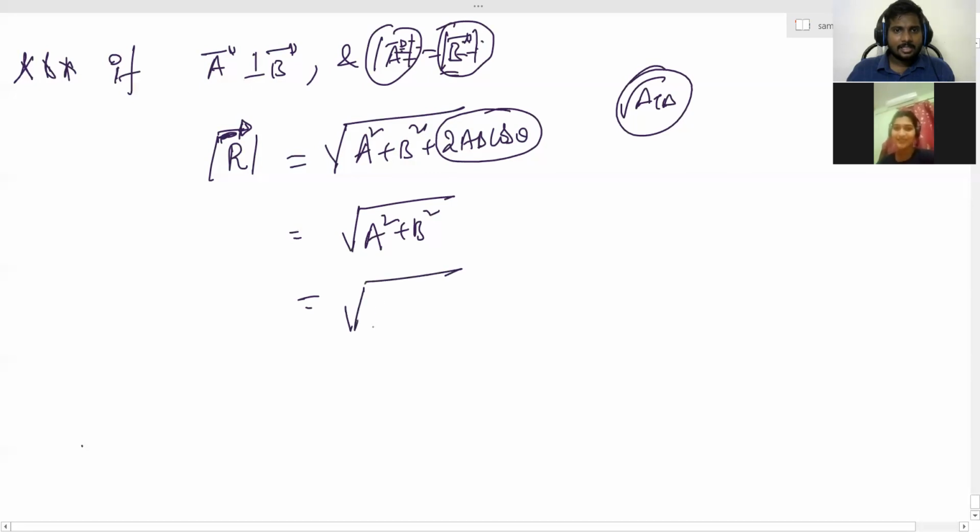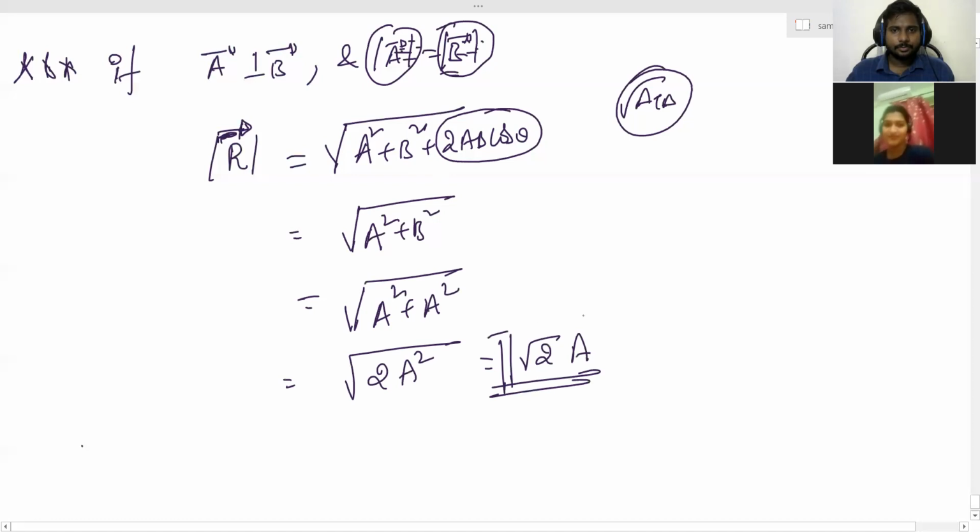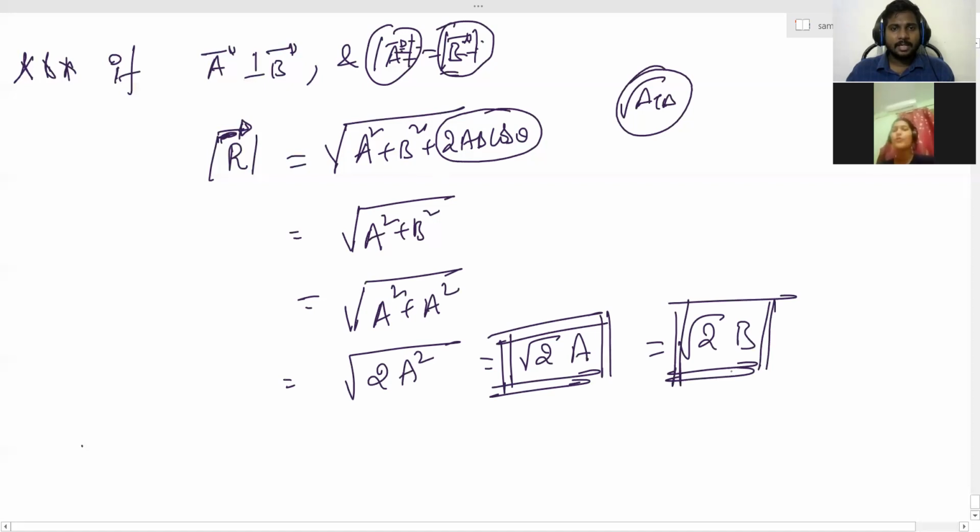So I can write this as A square plus A square, because B in magnitude is equal to A. So root over 2A square, which becomes root 2 A. Root 2 B also you can take, if A and B are equal. That's quite important.